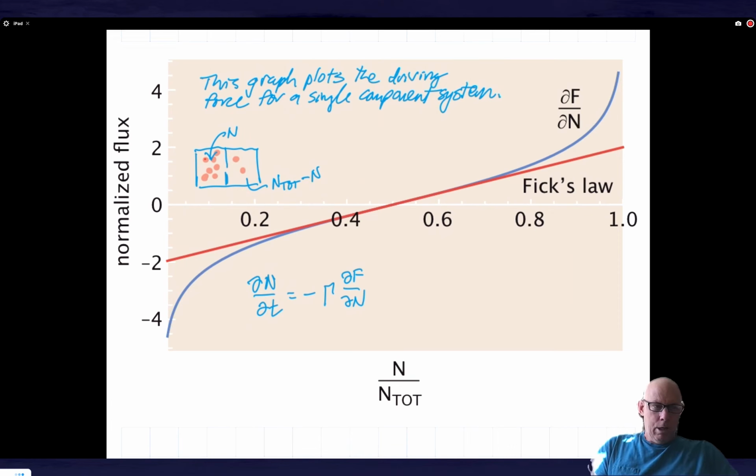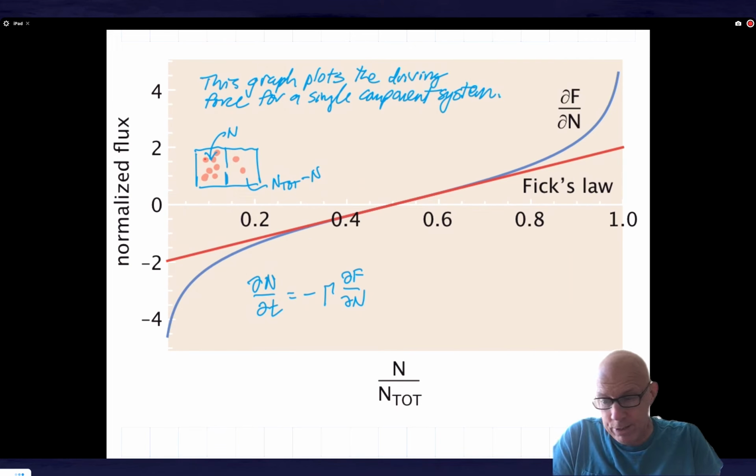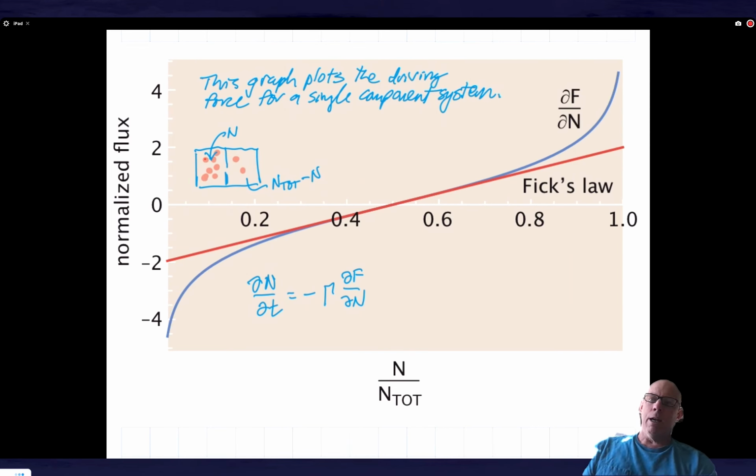Okay, so what do I want you to have taken away from this vignette? What I want you to have taken away is the idea that a very general description of non-equilibrium dynamics, mind you, can be built around the idea of computing the free energy, but the free energy for the system when it is not in its equilibrium state, and taking the derivative of that free energy with respect to particle number or whatever other variable the free energy depends on, and that tells you the relaxation dynamics as that variable will move towards equilibrium.